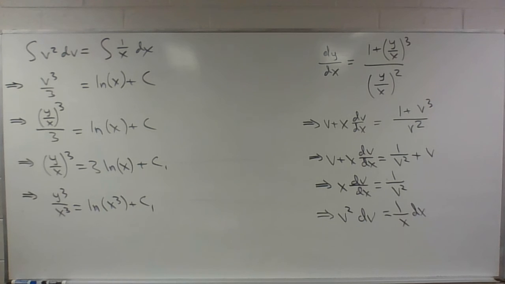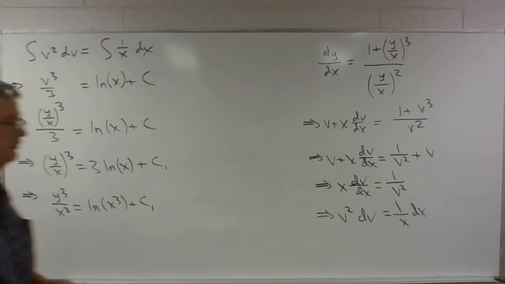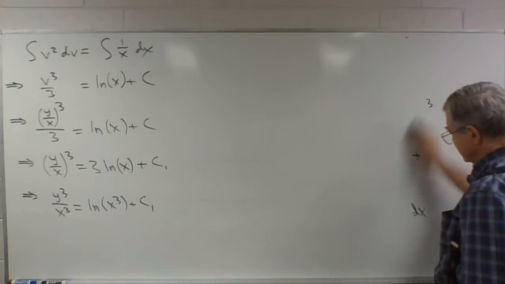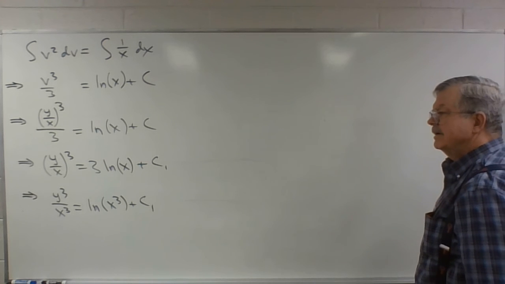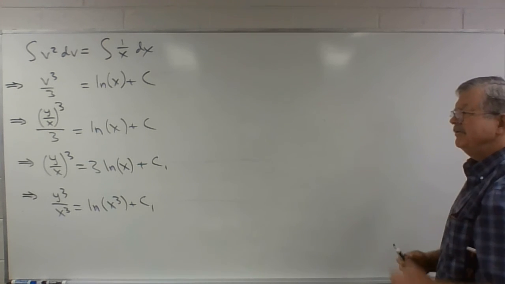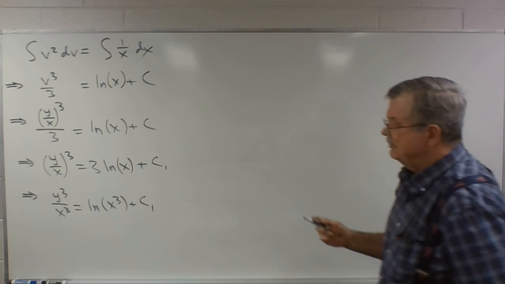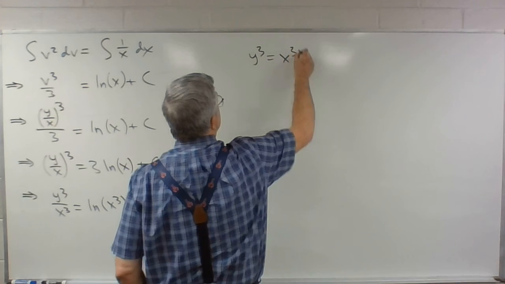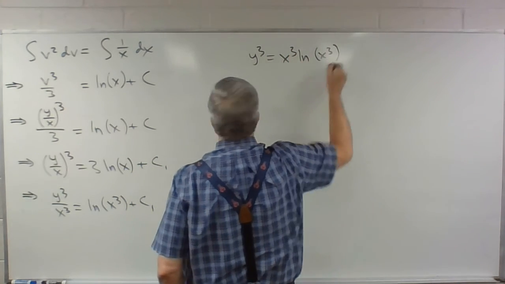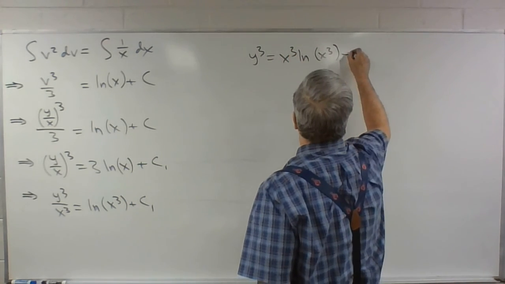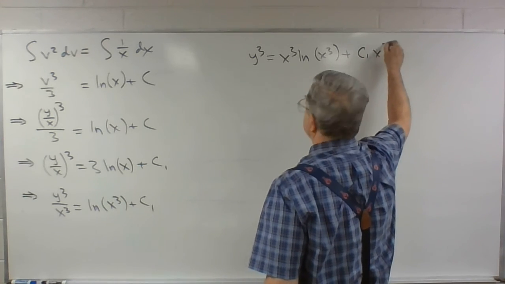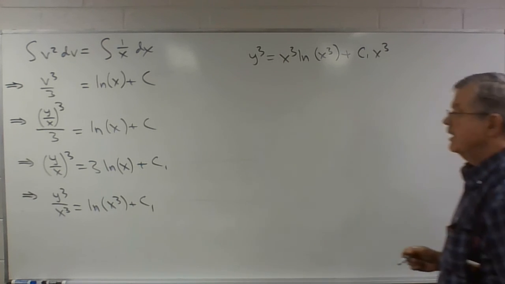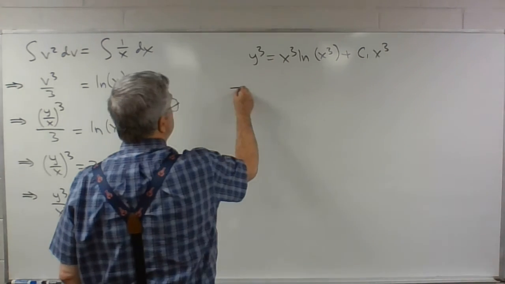And what do I do now? Just multiply both sides by x cubed. Yeah, this can be solved explicitly for y, so let's do that. Multiply both sides by x cubed. And just take the cube root.